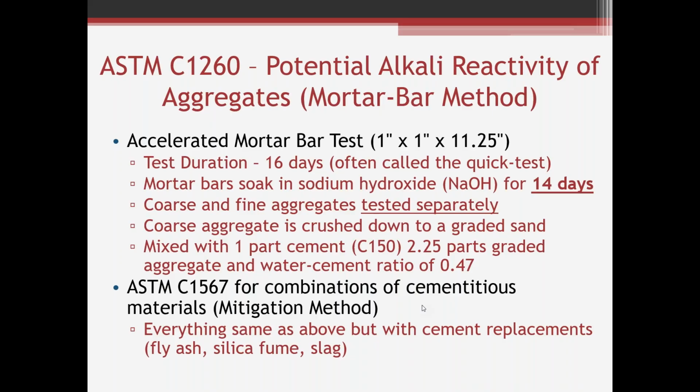They all do a pretty good job of mitigating ASR, which is why you see a lot of the state mixes have 20%, 25% fly ash in them. Sometimes there's restrictions where you have to put in some sort of pozzolan like fly ash.